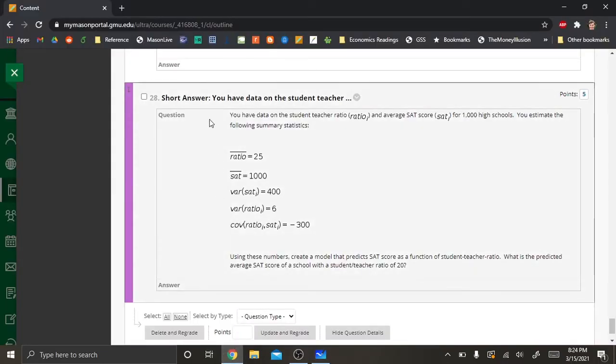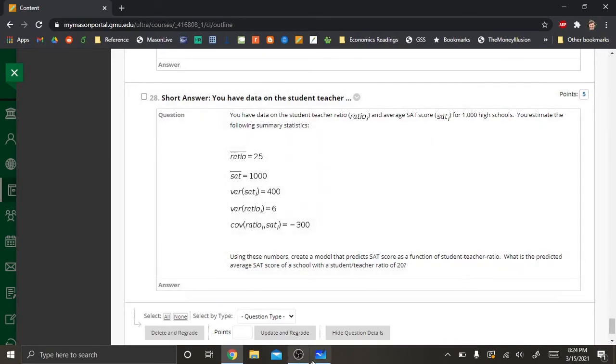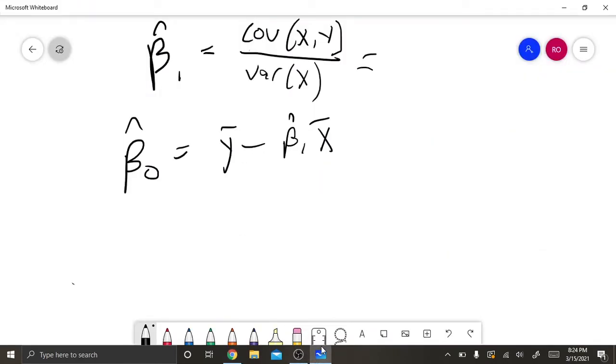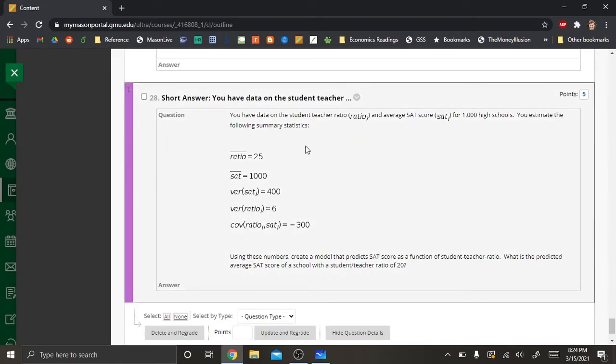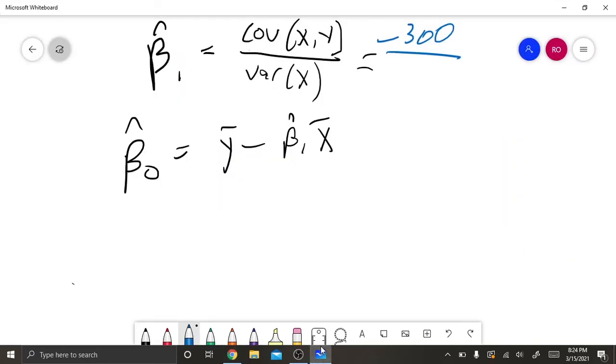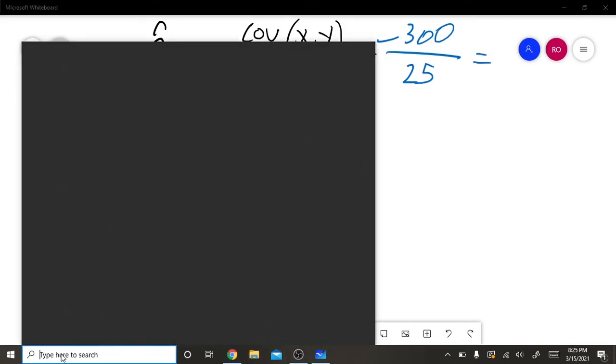We need the covariance of x and y, right there, negative 300. We need the variance of x. Our x variable is student-teacher ratio.